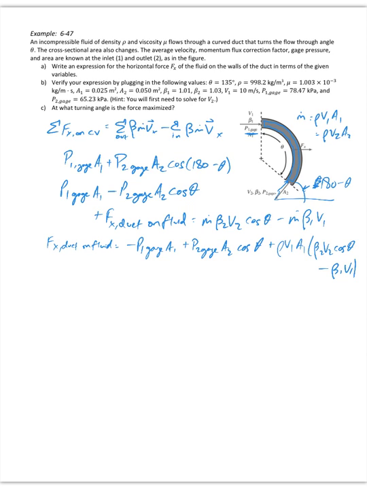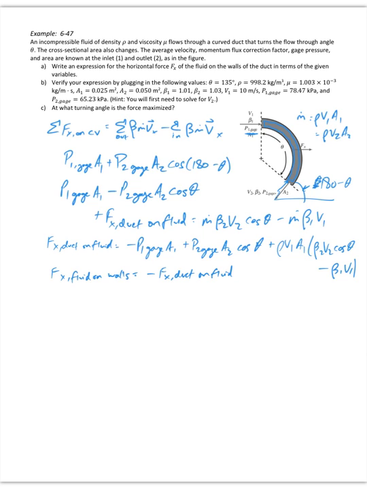Alright, so I'm getting close, but the problem actually asks for F sub x, an expression for the horizontal force F sub x of the fluid on the walls of the duct. Here I've got an expression for F sub x duct on fluid. So I have to recognize that F sub x fluid on walls equals the negative F sub x duct on fluid from Newton's third law.